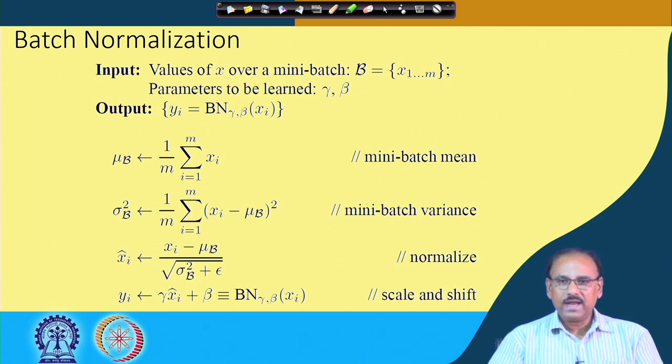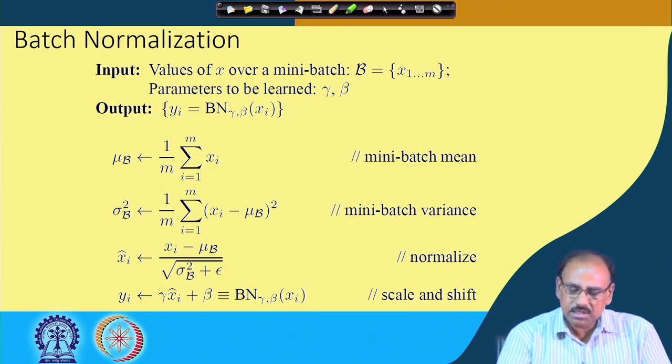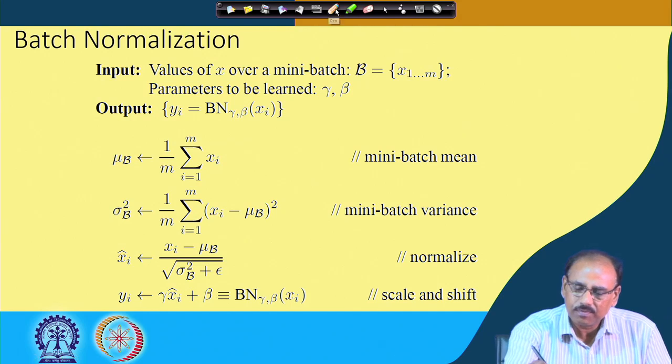So in order to do that, you are not only satisfied with the normalization with respect to mu and sigma, but what you need is some sort of reparameterization. So this xi hat that you get is now reparameterized.